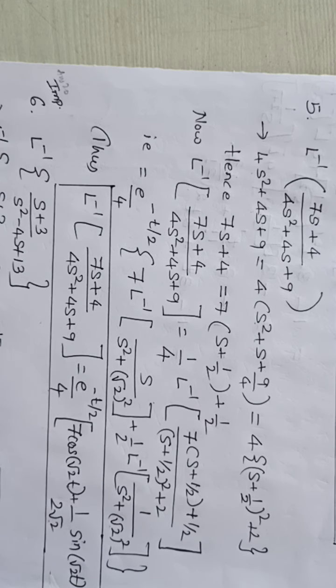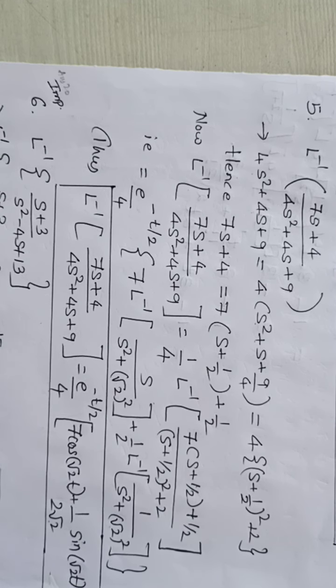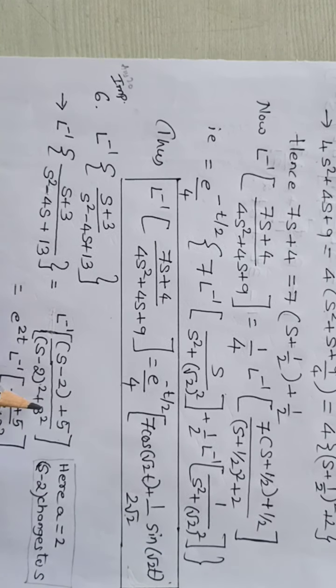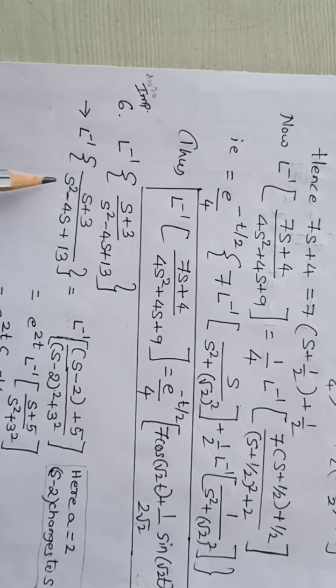First you focus on the denominator. Given function s plus 3 over s square minus 4s plus 13. First focus on the denominator and try to complete the square. Here definitely s minus 2 the whole square, because we will get 4s.